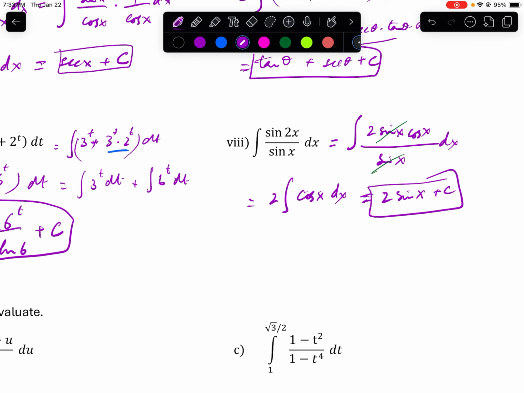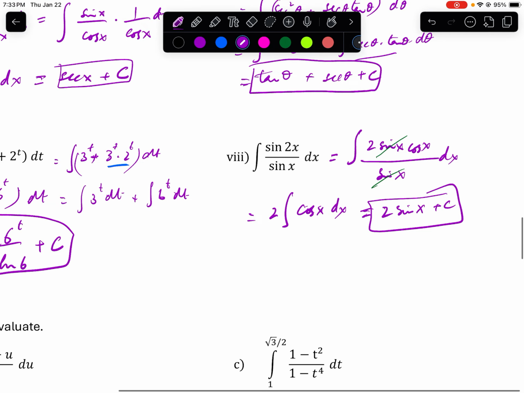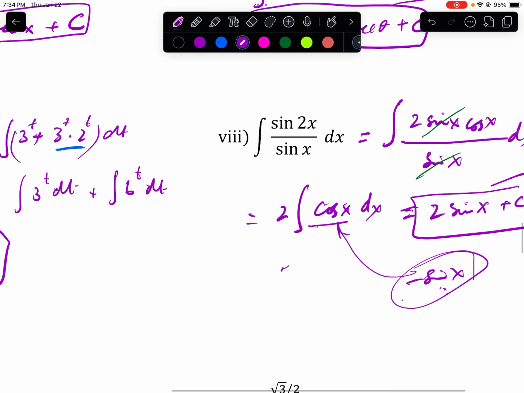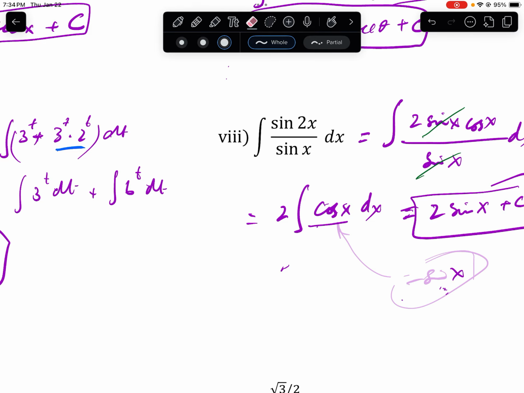Remember the derivatives: the derivative of cosine is negative sine, and the derivative of sine is positive cosine. Or you can also think of it like this: if you say the antiderivative of cosine is negative sine x, now differentiate this, and you should get back the integrand. But if you differentiate negative sine x, you get negative cosine x, which is not what we have on the left side. So it means you have to write positive sine x.